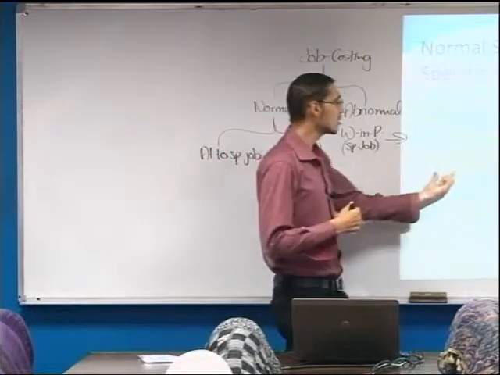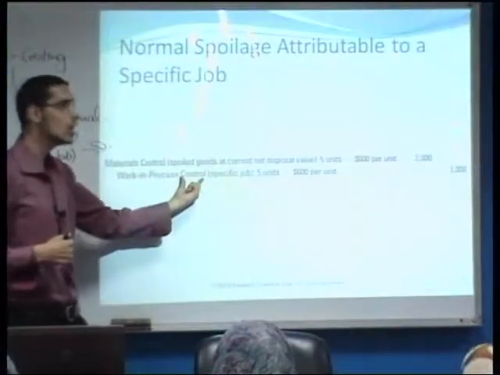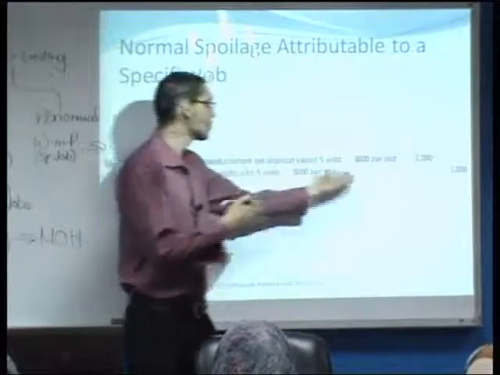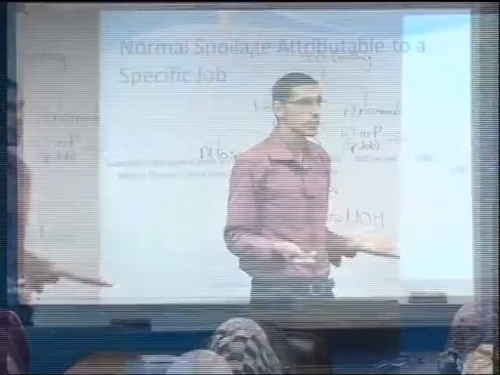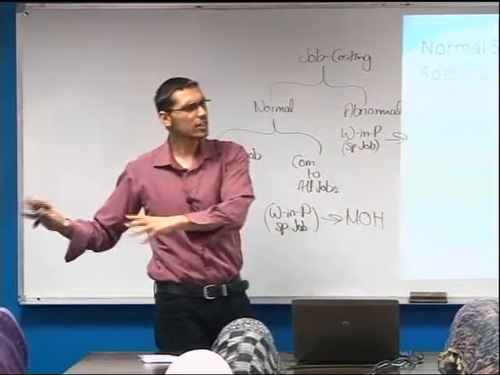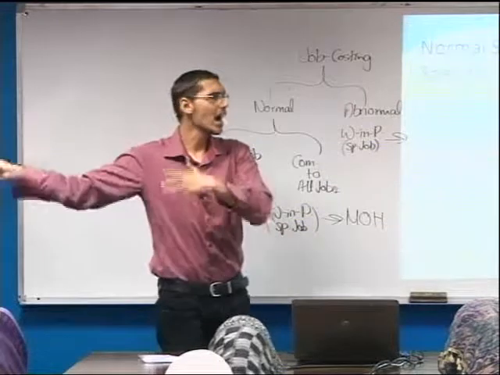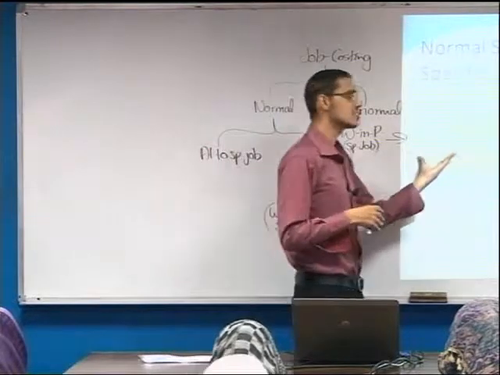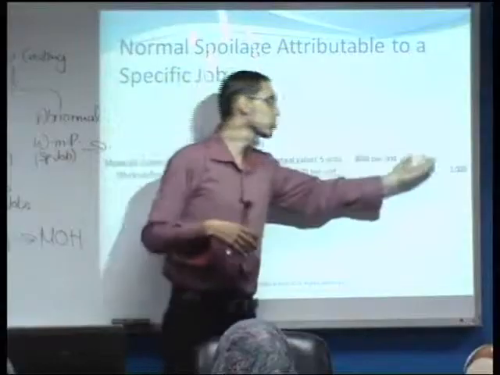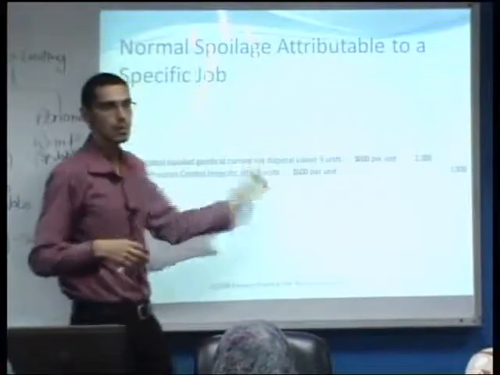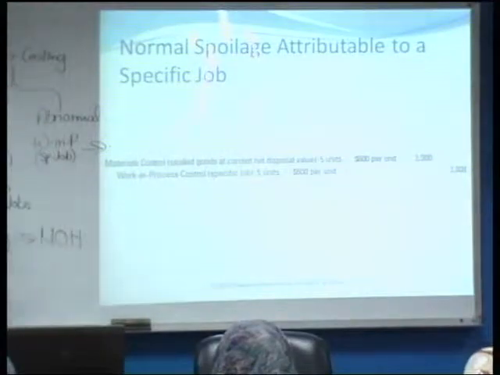We are going to decrease the work in process control by the amount of 3,000, which is, of course, 600 multiplied by 5 units. And we are going to consider that we have spoiled units in our warehouses. Therefore, we are going to consider an increase in material control also by the amount of 3,000, which is 600 multiplied by 5.